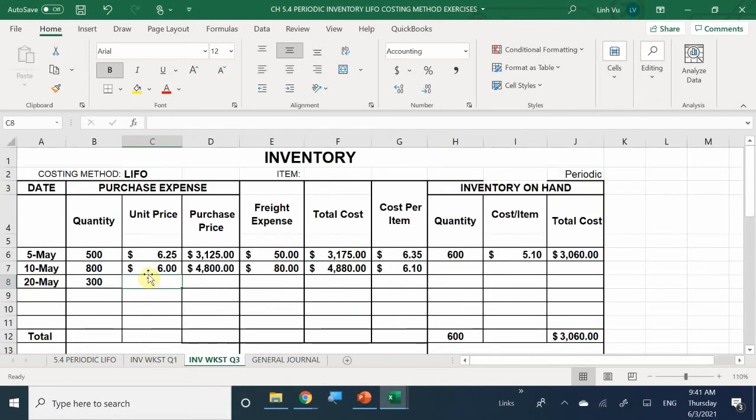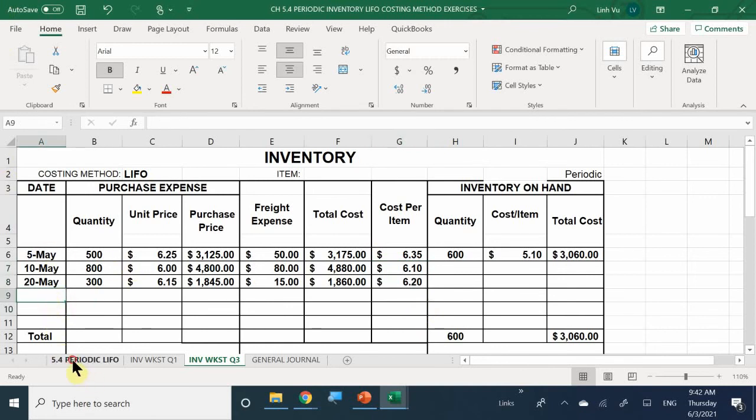And the freight cost was $15, I believe. Yep, 15. All right. Total cost: 1,845 plus the freight, total cost 1,860. And cost per item $6.20. All right, good.